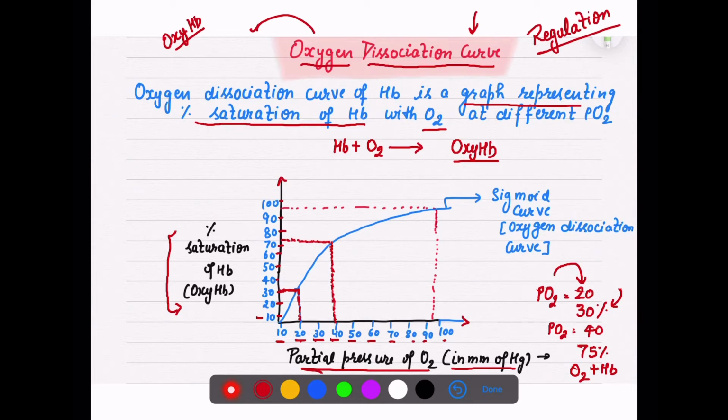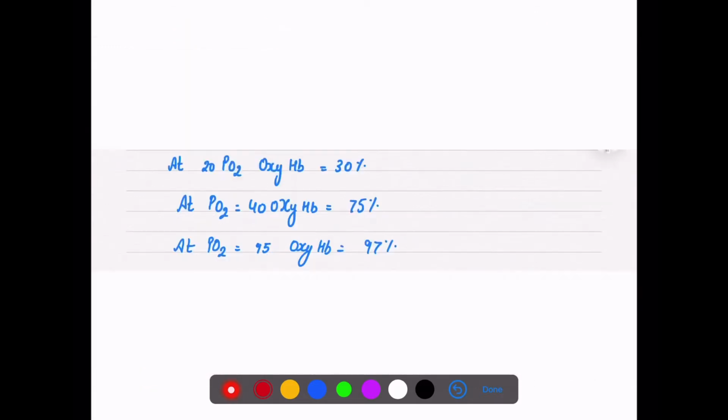Now next, if partial pressure is 95, which we observe in the oxygenated blood, then you can see almost 97% of hemoglobin is getting saturated. So 97% of our hemoglobin will carry oxygen. That is what we discussed in our last topic, exchange and transportation of gases.